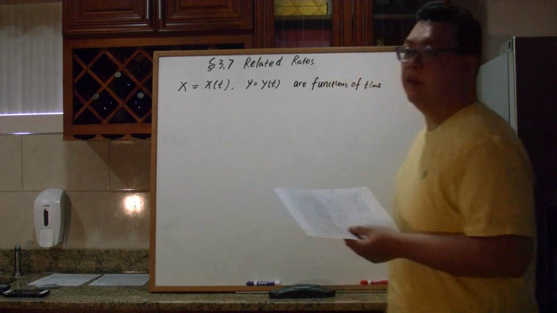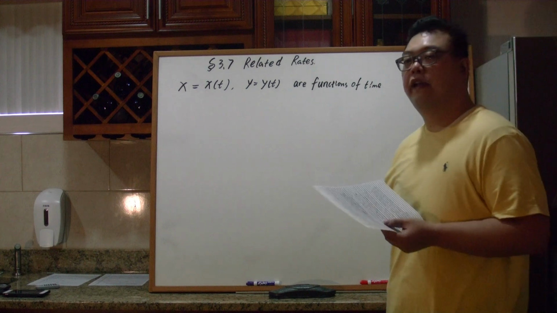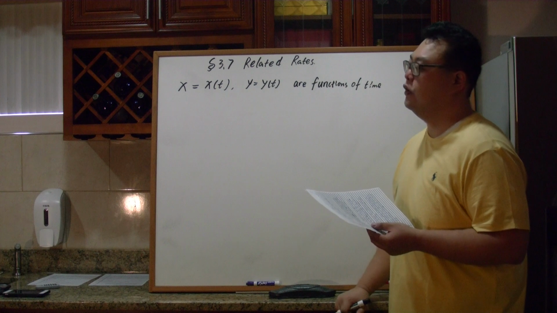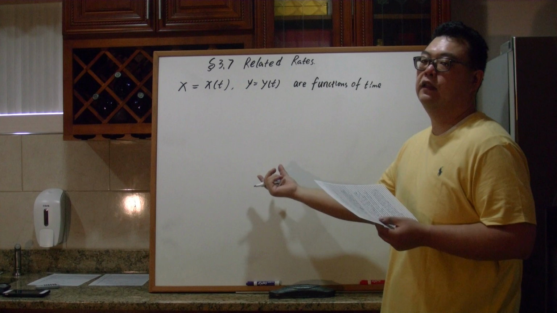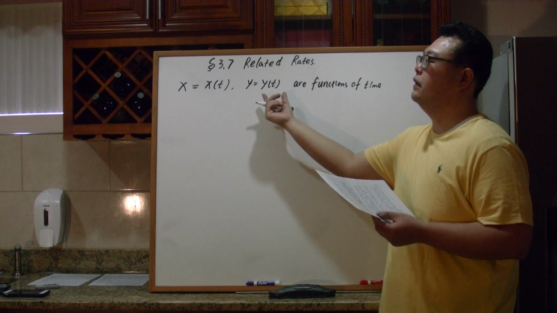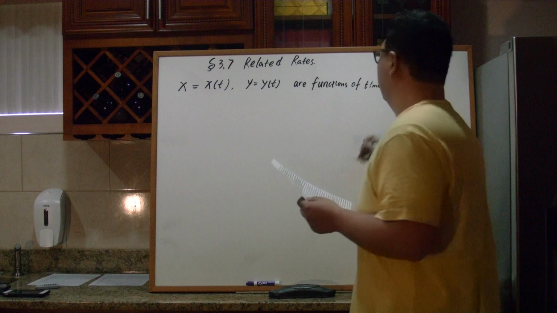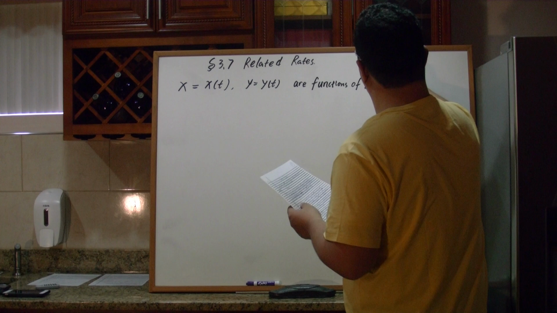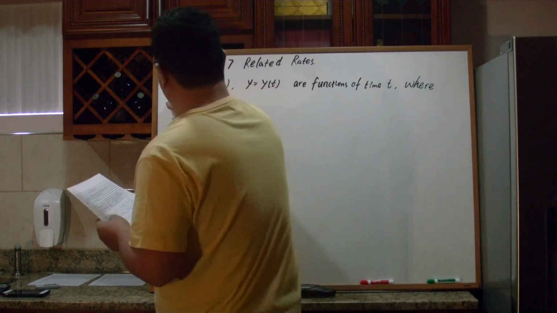Originally, in the implicit differentiation section, y is assumed to be a function of x. Therefore, when we take the derivative, the rate of change of y depends on the rate of change of x. But now in the related rates section, our variables are functions of time. Also, the variables are somehow related.